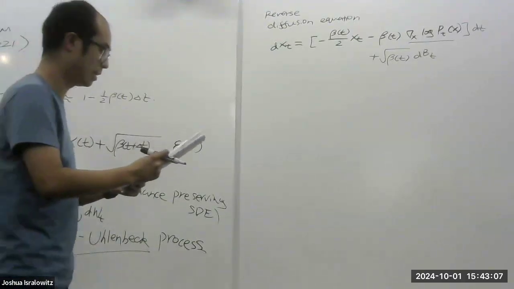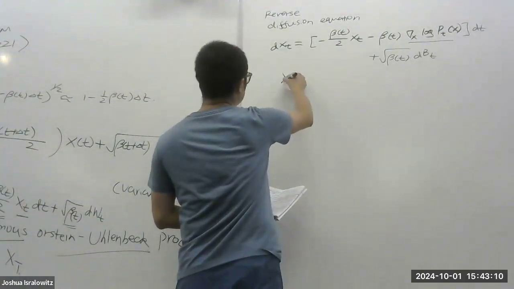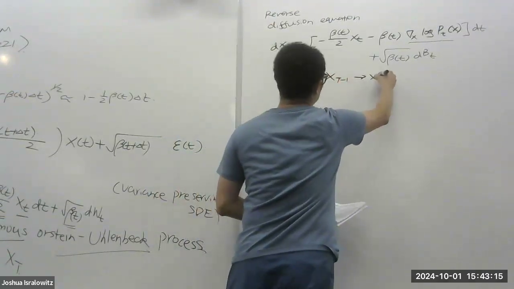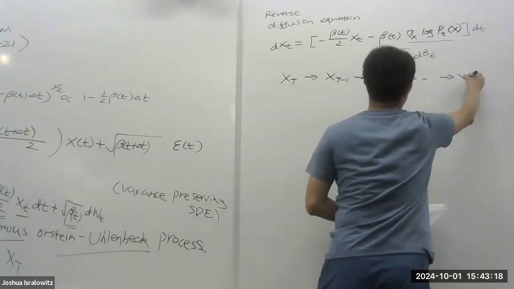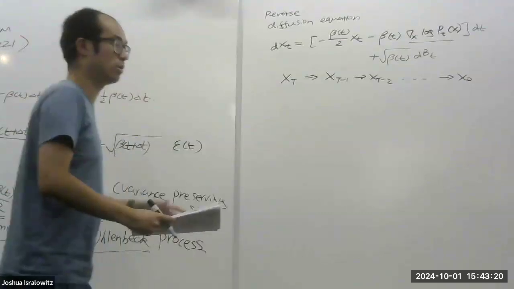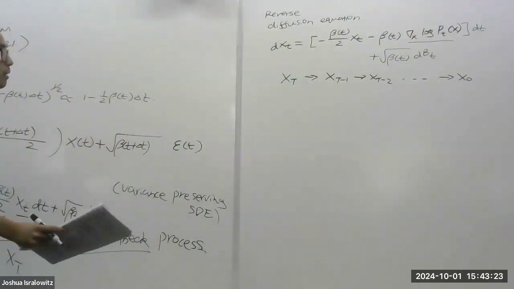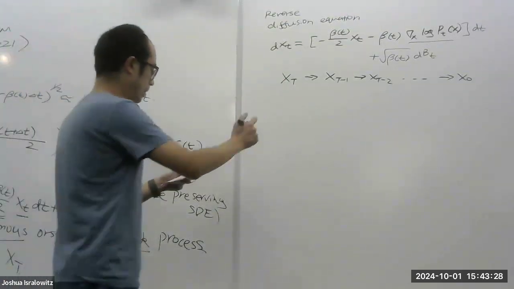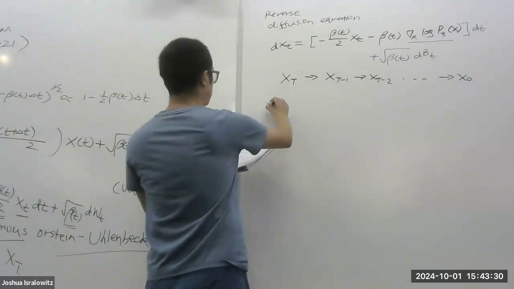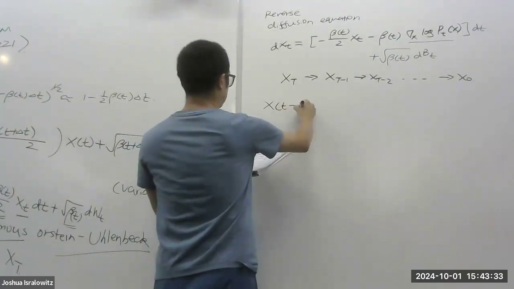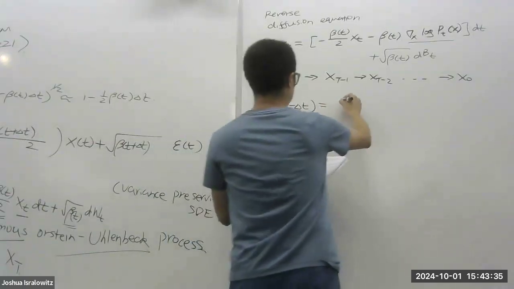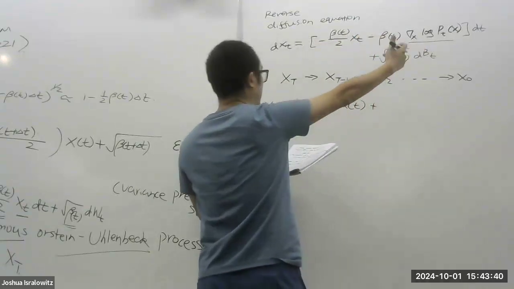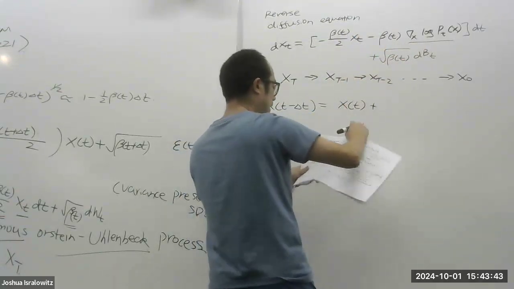In discrete form, that means if we know xt, we can sample xt minus 1, sample xt minus 2, and so on, until we can actually go back from xt to x0. And this numerical scheme says: xt plus, and because we have to go through the minus sign, so that will be minus t right here.